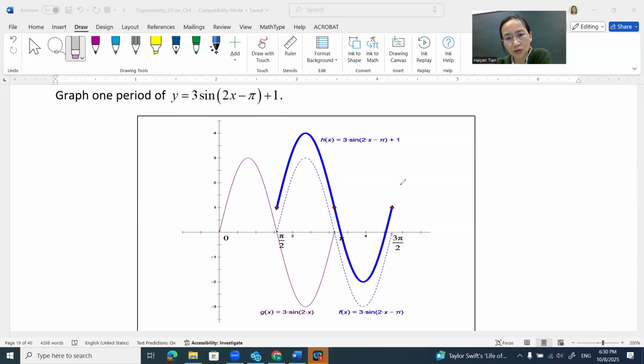Just the same shape, just at a different location. It is a curve 1 unit higher because each y for this function is 1 unit higher than for the other function.